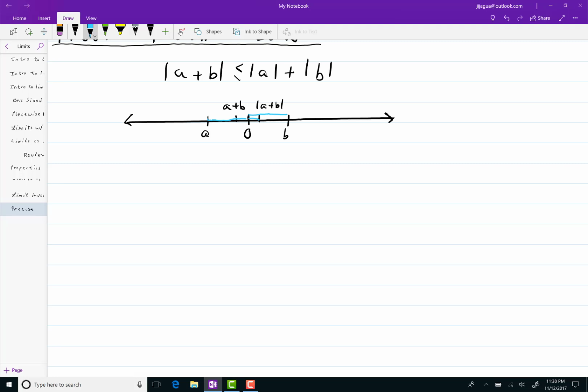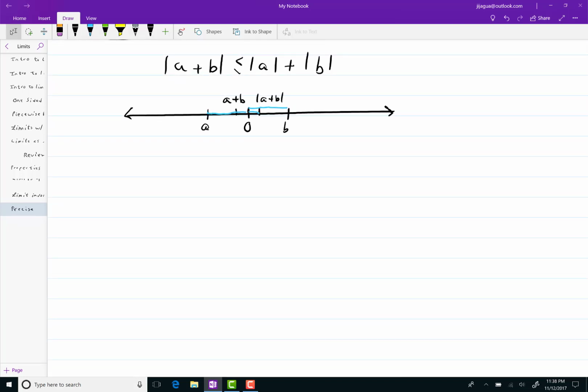Now, you could do various things like this. This happens to be where a was negative and b was positive. What if I move things around using the blue pen this time? Let's say 0 is here, and this time, let's say a and b are here. Then a plus b is going to be somewhere farther off down here.